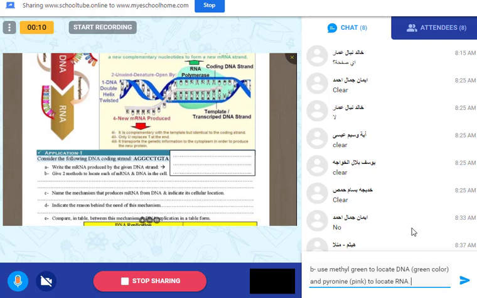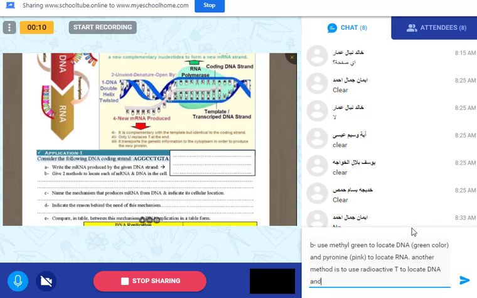Another method is to use radioactive T to locate DNA and radioactive U to locate RNA.